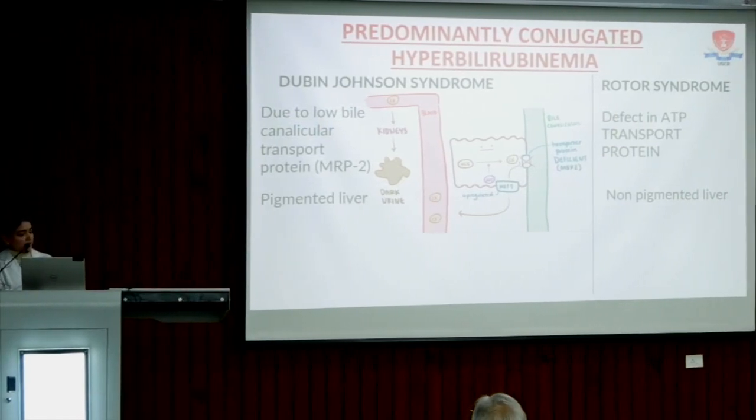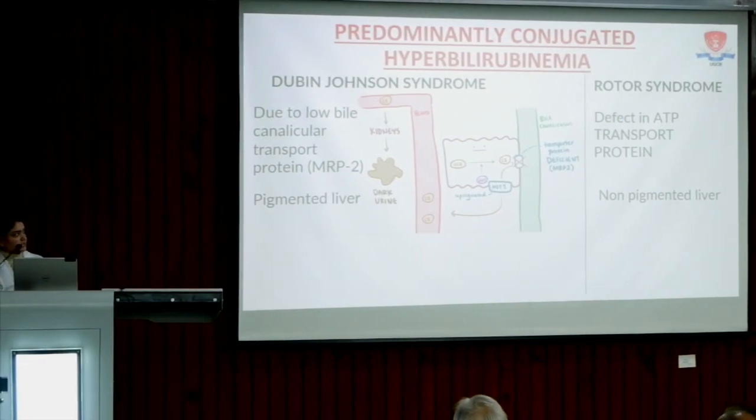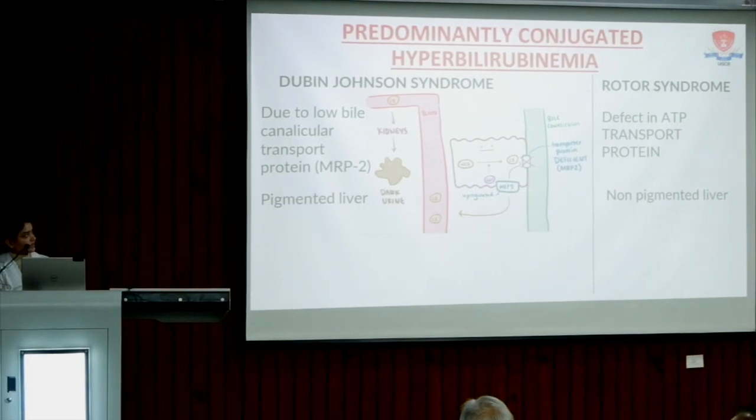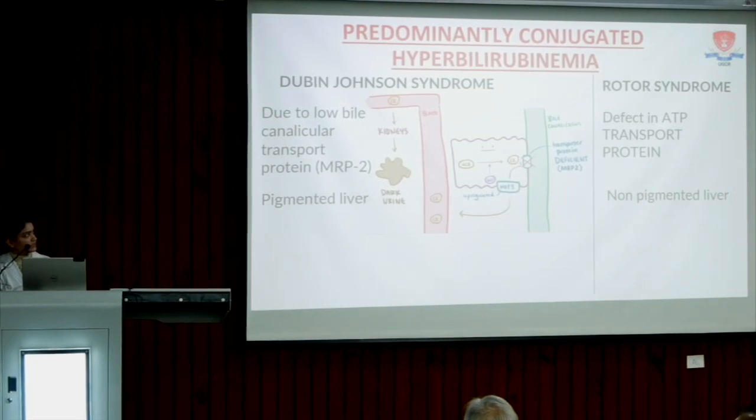It differs from MRP2 in that it transports the bilirubin from the hepatocytes into the interstitial spaces, which reach the blood vessels. So there is conjugated hyperbilirubinemia in the blood, which is filtered by the kidneys and leads to dark urine. Pigmentation of the liver is seen in Dubin-Johnson syndrome, whereas in Rotor syndrome, there is a defect in ATP transport protein and there is a non-pigmented liver.